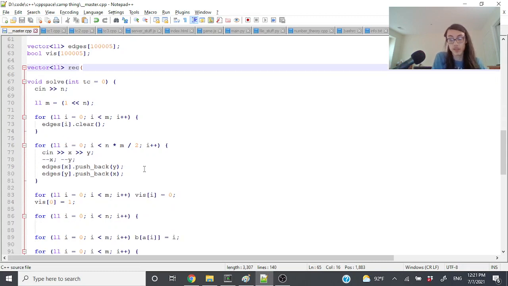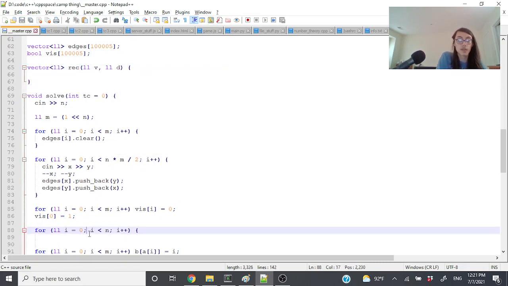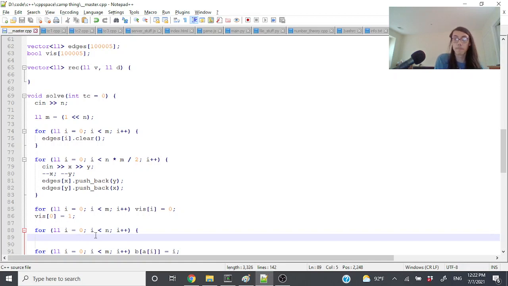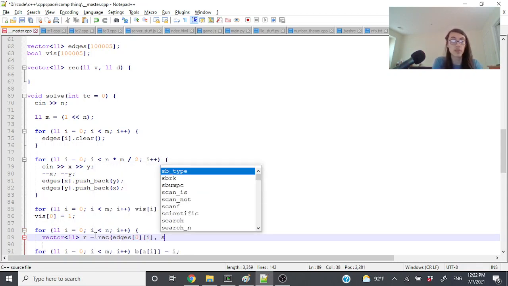Rec, so it's LB, LL, depth. Vector LR is equal to rec, edges 0, I, and the depth would be I.